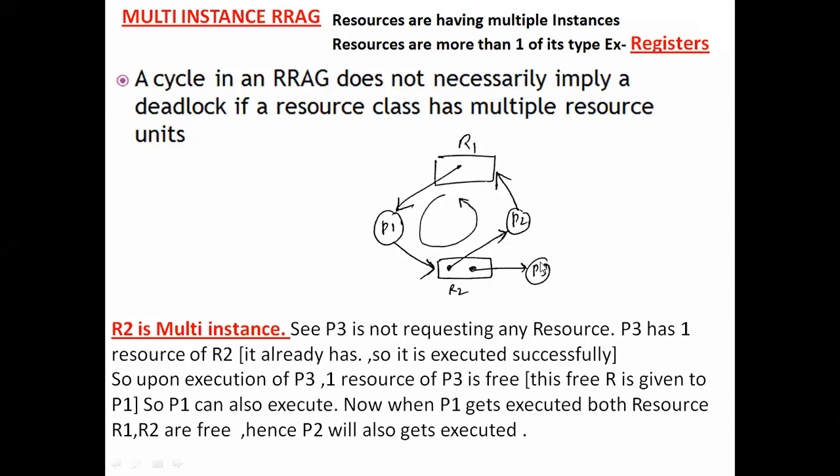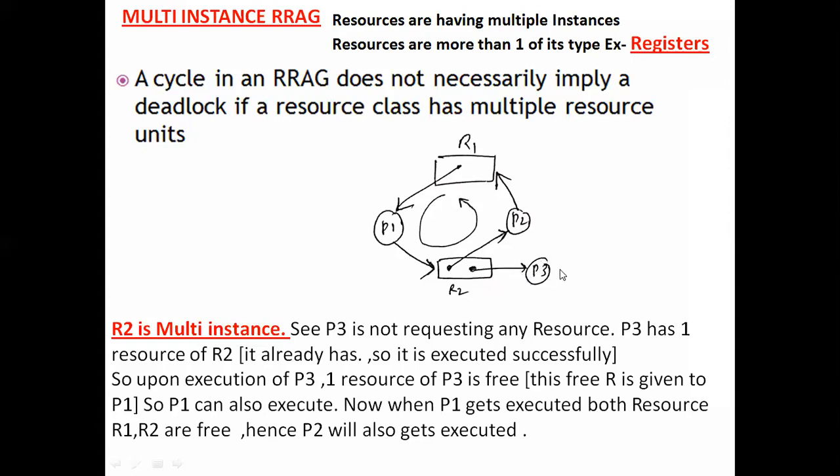You can see that P3 is not requesting any resource, because no edge is going from the P3 process to any other process or resource. Hence P3 is not requesting any other resource, and P3 has already been assigned one resource of R2.